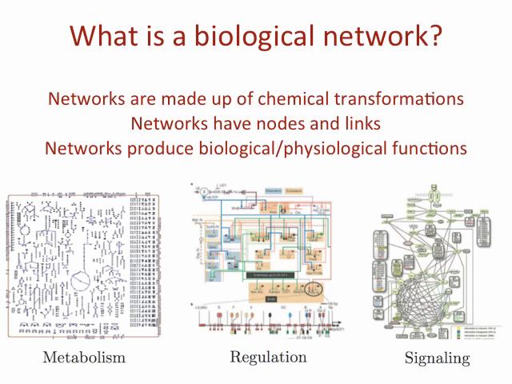At the lower part of this slide, we show examples of three commonly studied biological networks. Metabolism, which is universal to all cells, involves transformation of small molecules, the consumption of substrates, and the formation of metabolites such as amino acids that go into protein synthesis.